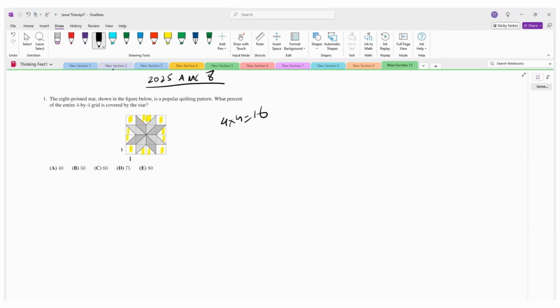And the parts that are not covered, if you count 1 for a full square, half for a half square, so you got 1, 2, 3, 4, 5, 6, 7, and 8. So 8 square units of the square is covered. That means 8 is not covered. So the portion that is covered is exactly half, which is 50%.